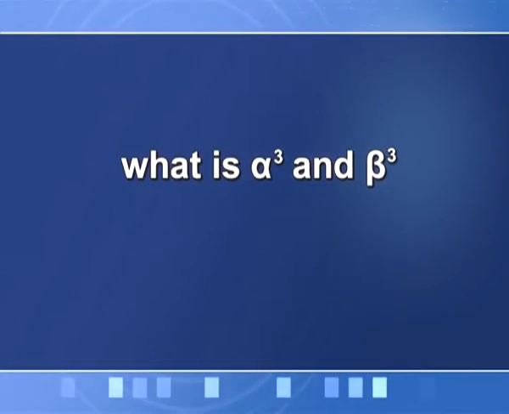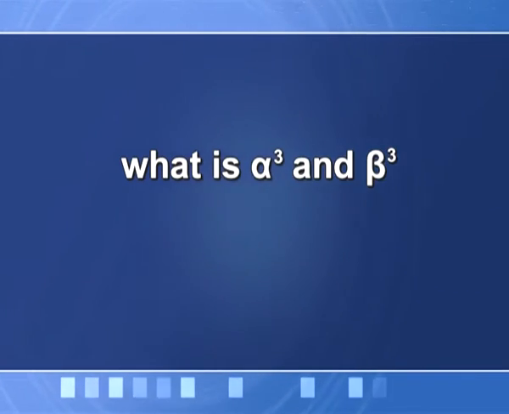So, what do I have to do? I have to find out what alpha cube plus beta cube and alpha cube into beta cube are. Alpha cube plus beta cube will be the sum of the roots and alpha cube beta cube will be the product of the roots, and I will straight away write down the equation x square minus the result of alpha cube plus beta cube, times x, plus alpha cube beta cube, that is the product, and write it equal to 0. So, this is how we proceed.